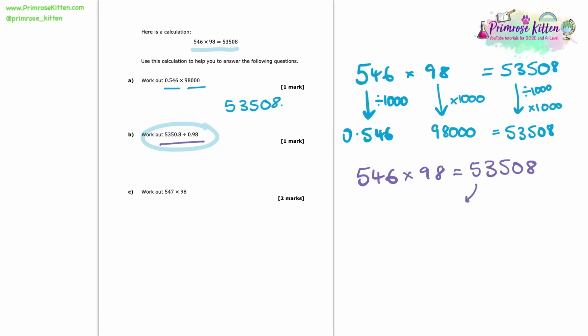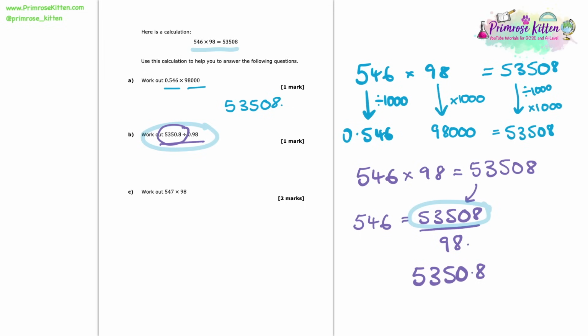So if we were to rearrange this equation, we would find that 546 is equal to 53,508 divided by 98. So let's take this step by step. In this question, we don't have 53,508.